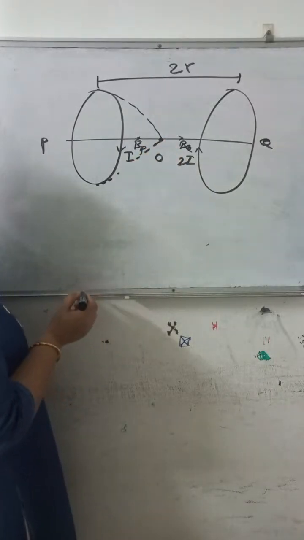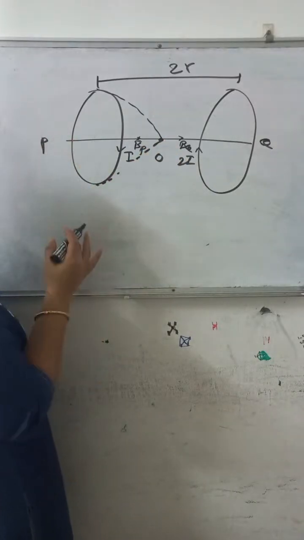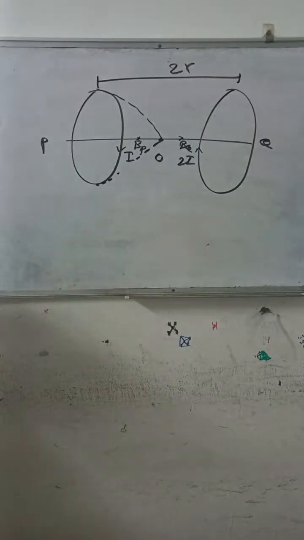Can you understand which formula we have to apply here? On the axial point, at one point P, from the center of the loop, we can drop these lines and calculate. So the magnetic field due to a circular loop along its axis.